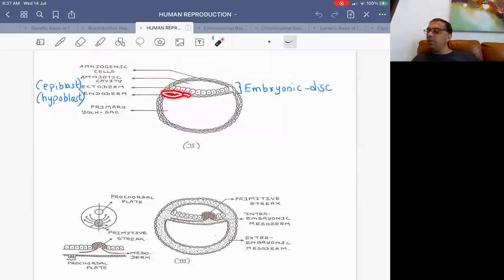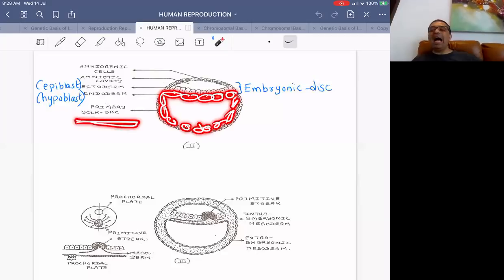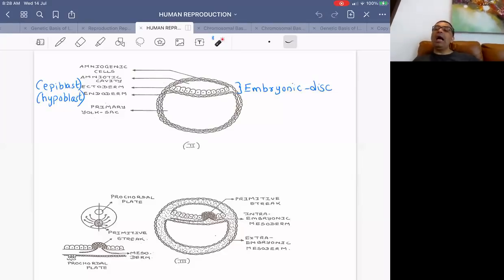Endoderm cells undergo cell division to form cells of the primary yolk sac. Primary yolk sac cells form the fetal RBCs and germinal epithelial cells of the ovary.